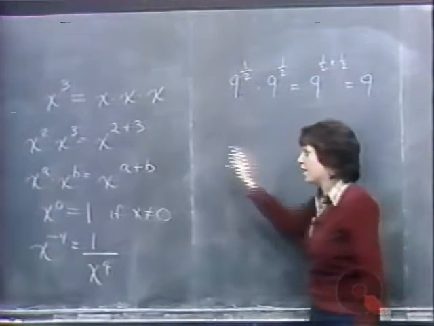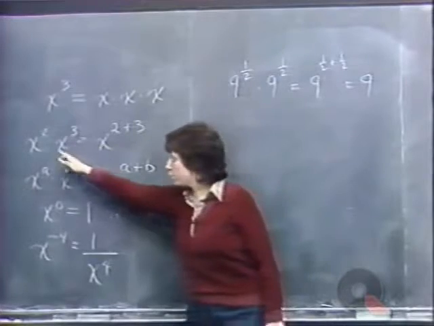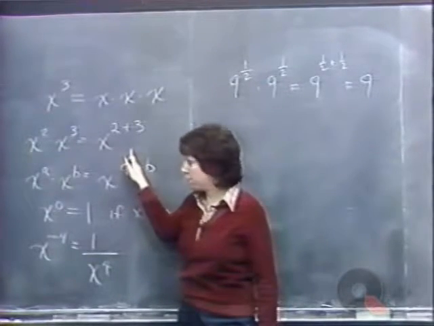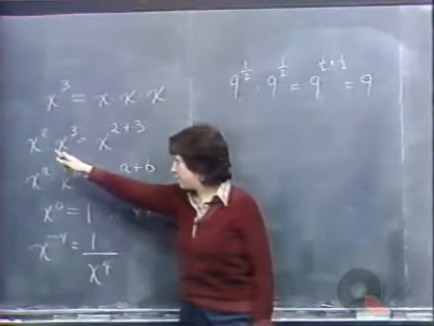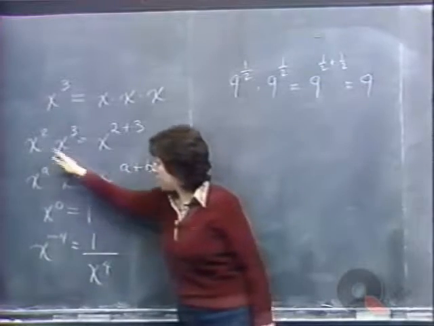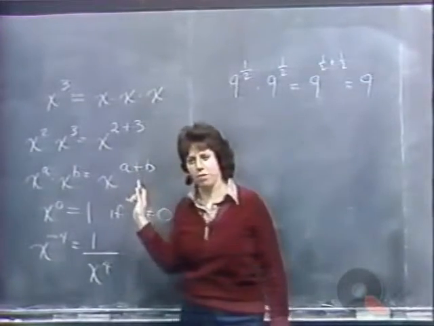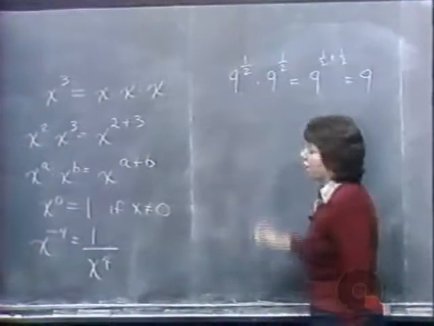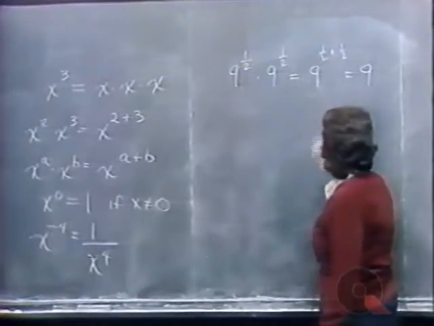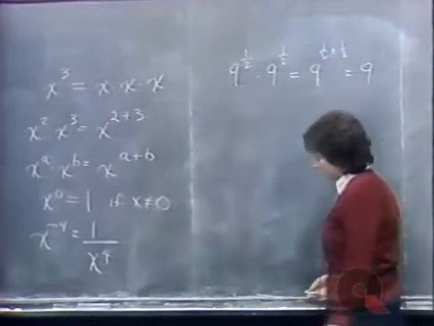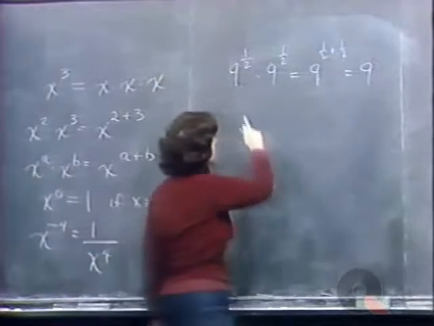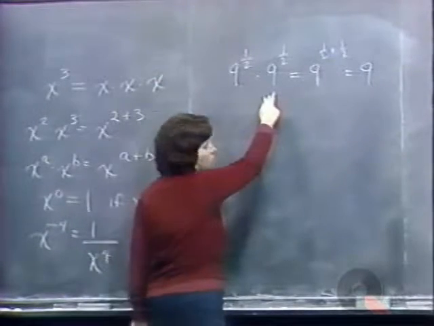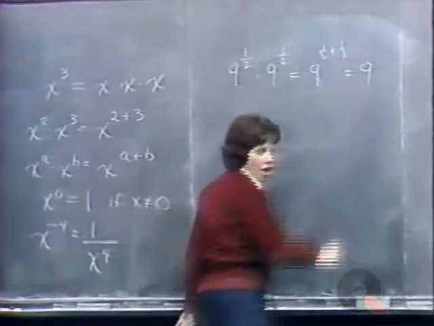Now, this was a rule that was true for natural number exponents. If you're multiplying and they had the same base, you kept the base, you add the powers. So whatever 9 to the 1/2 is going to mean, we would like this rule to continue to hold true. Therefore, 9 to the 1/2 is a number which, when multiplied by itself, gives us 9.